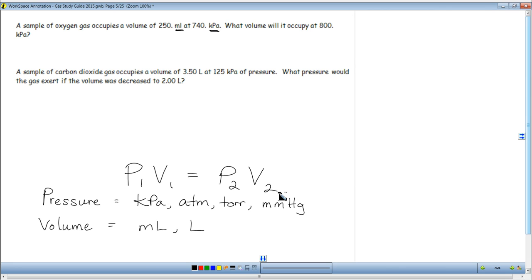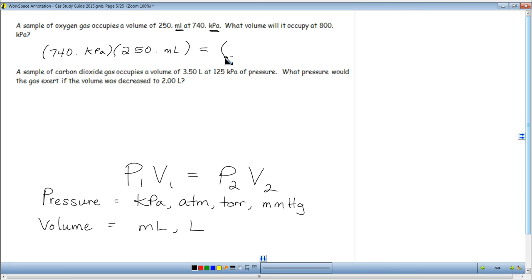The initial pressure is the 740 kilopascal. And my initial volume is the 250 milliliters. Notice there's decimals in there. The decimals are in there to show that these are maybe exact measurements, and that I do have 3 sig figs in both.